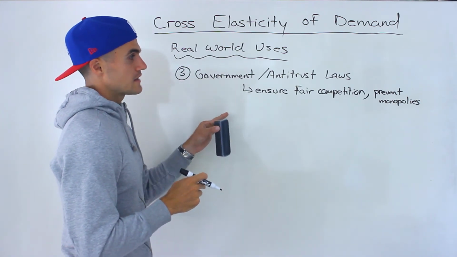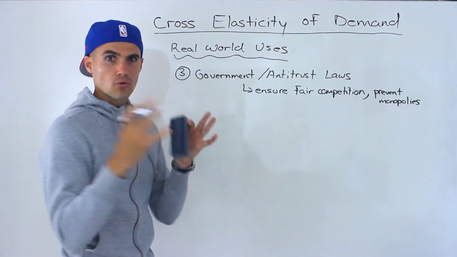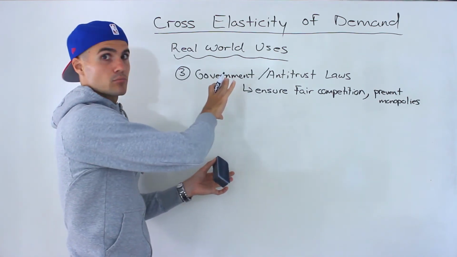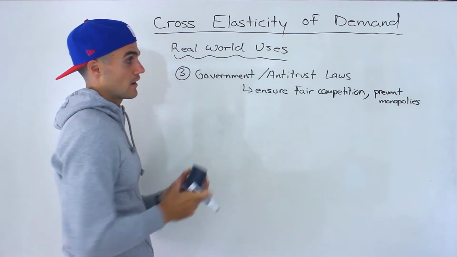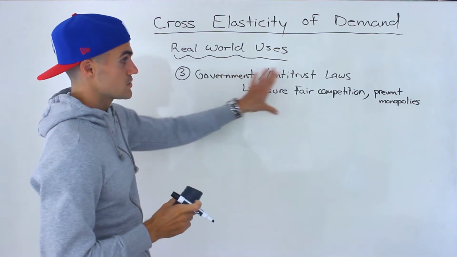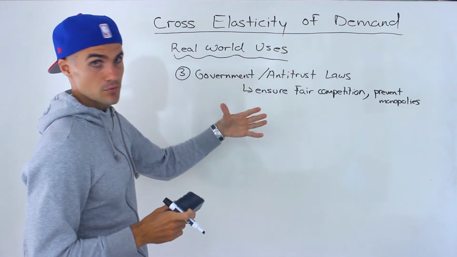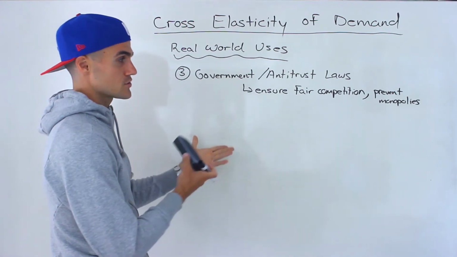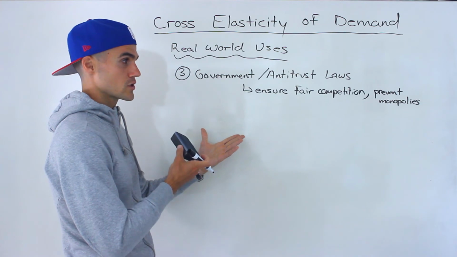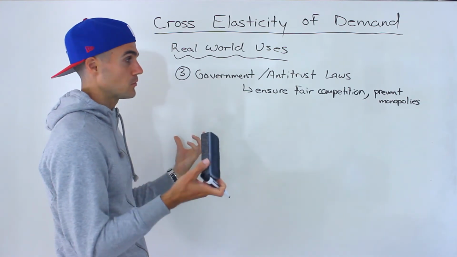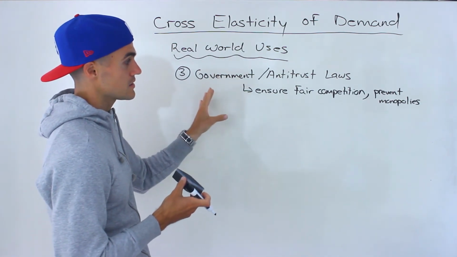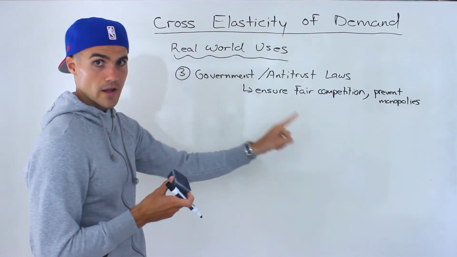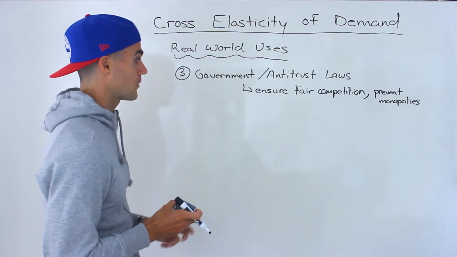Because if a company ends up being a monopoly, they control the whole market, there's no competition, they can increase prices, which would be unfair potentially to consumers. This is to basically protect consumers. So increasing those prices may be unfair to consumers, and then it may restrict trade in the economy. The economy won't grow as much, and so there are these laws to ensure that there's fair competition to let that trade flow freely throughout the market.